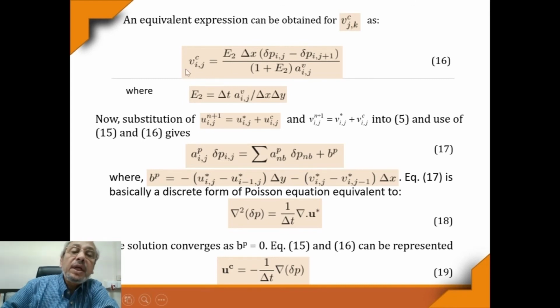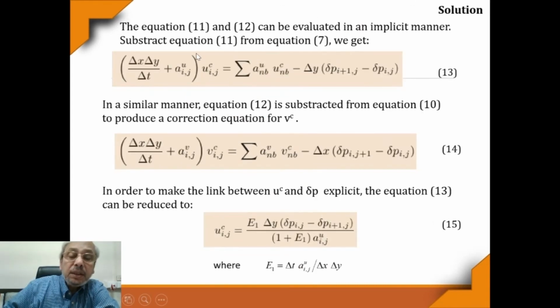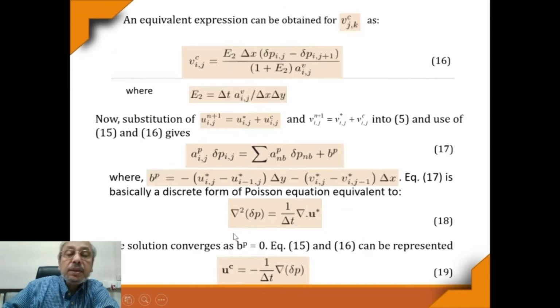So we have found the v velocity correction and u velocity correction.